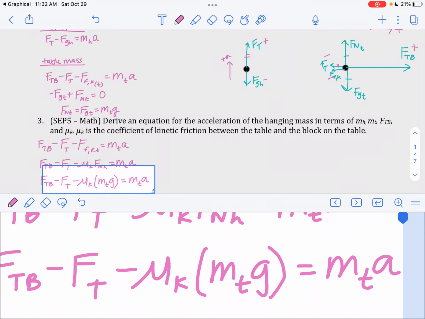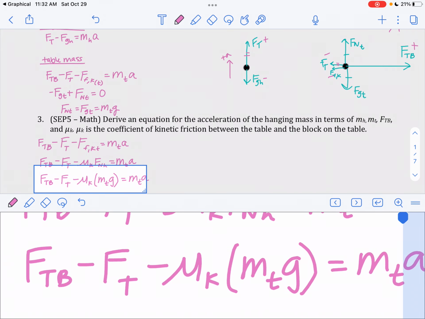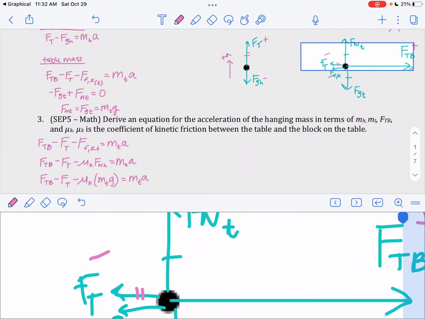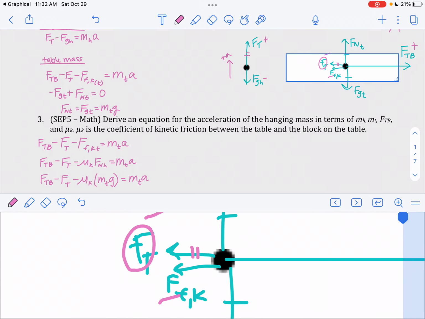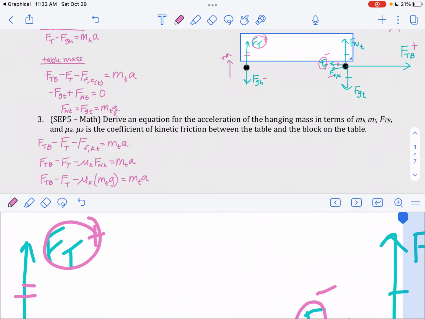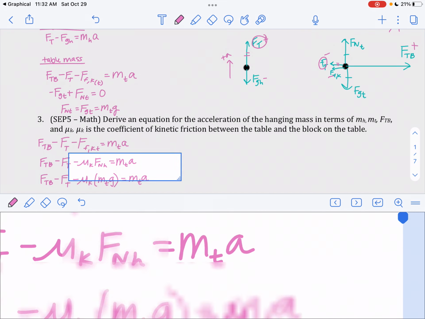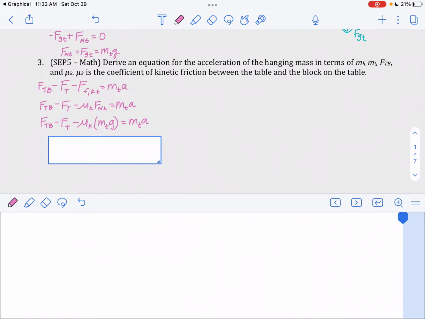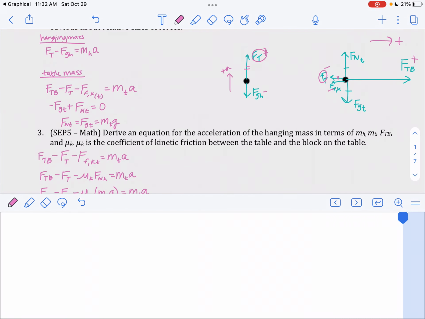Now, I'm not supposed to have Ft, I am supposed to have Ftb, but I'm not supposed to have this other Ft, but I can get rid of that other Ft by using my other mass. So by using my hanging mass, now I'm going to flip-flop to my hanging mass, and I'm going to solve for Ft using that hanging mass equation.